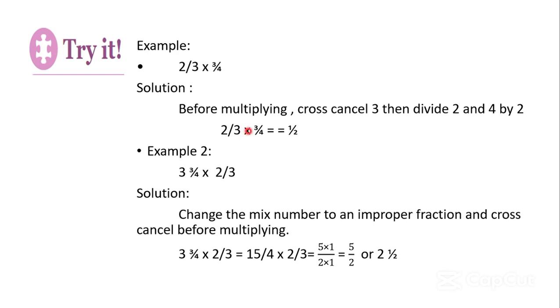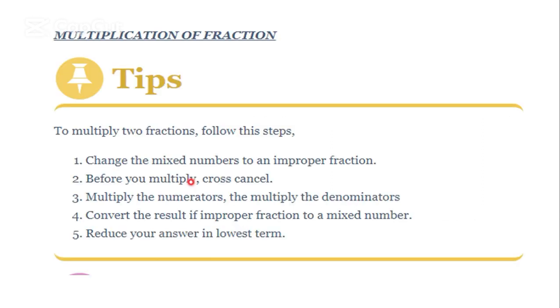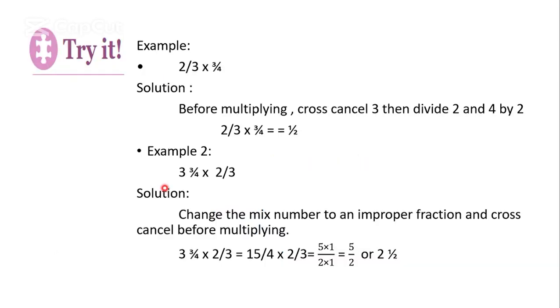Okay, understood. So number 2: 3 and 3/4 times 2/3. We have here a mixed number. If we have a mixed number, as you can see in our steps, change the mixed number to an improper fraction.